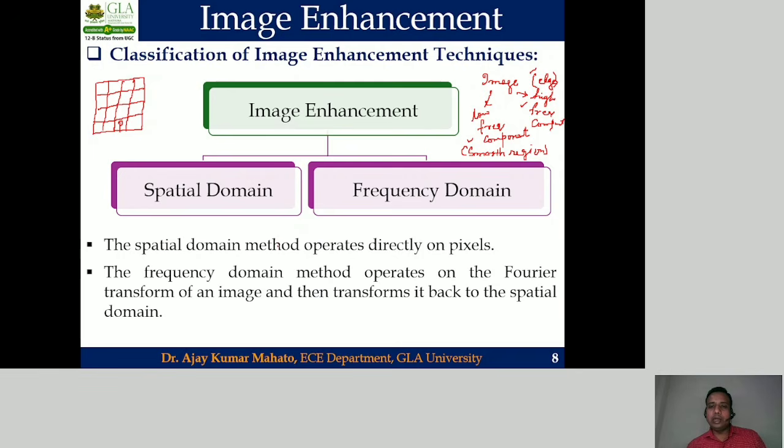In the frequency domain, the digital image which is originally in the spatial domain, first we need to convert it into the frequency domain. In the frequency domain, we perform certain operations, and as a result we get some frequency domain output.